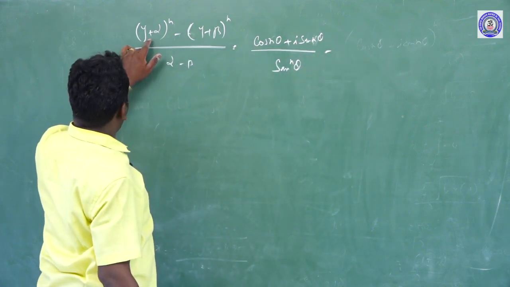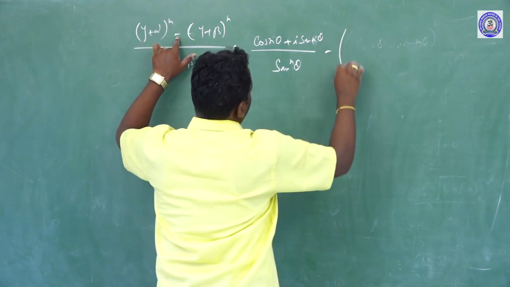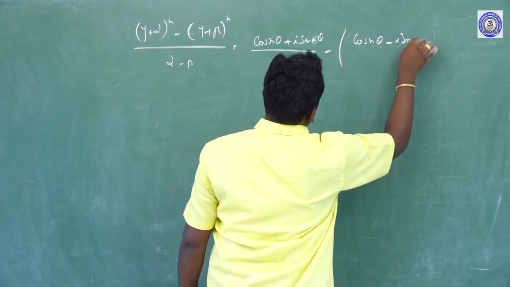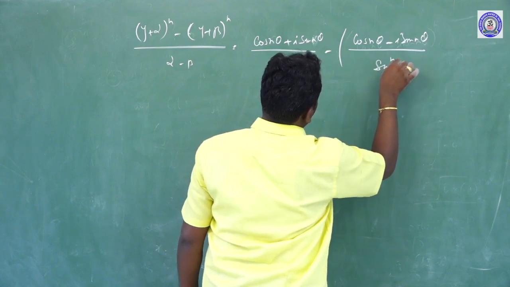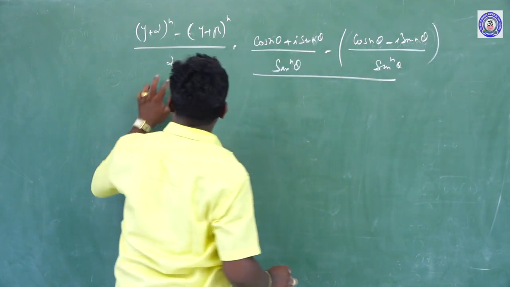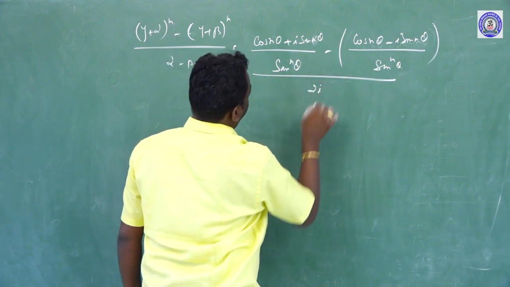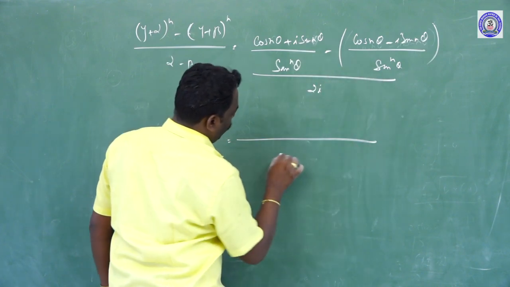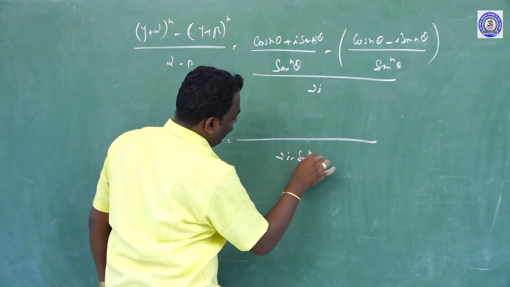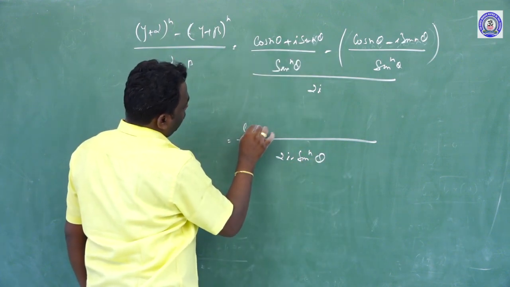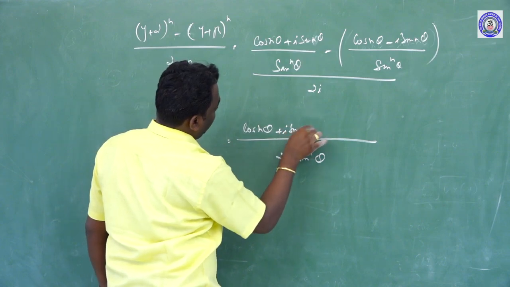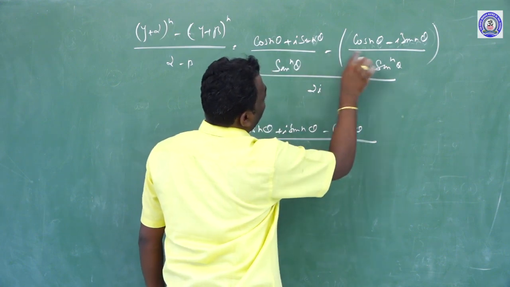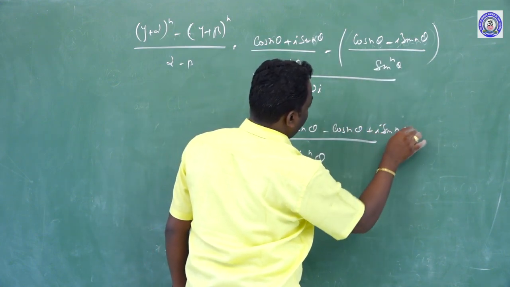Then (y plus alpha) whole power n minus (y plus beta) whole power n equals (cos n theta minus i sin n theta) by sin power n theta, and the whole denominator is alpha minus beta, equal to 2i. Taking the common denominator 2i sin power n theta, the numerator is cos n theta plus i sin n theta minus cos n theta plus i sin n theta.